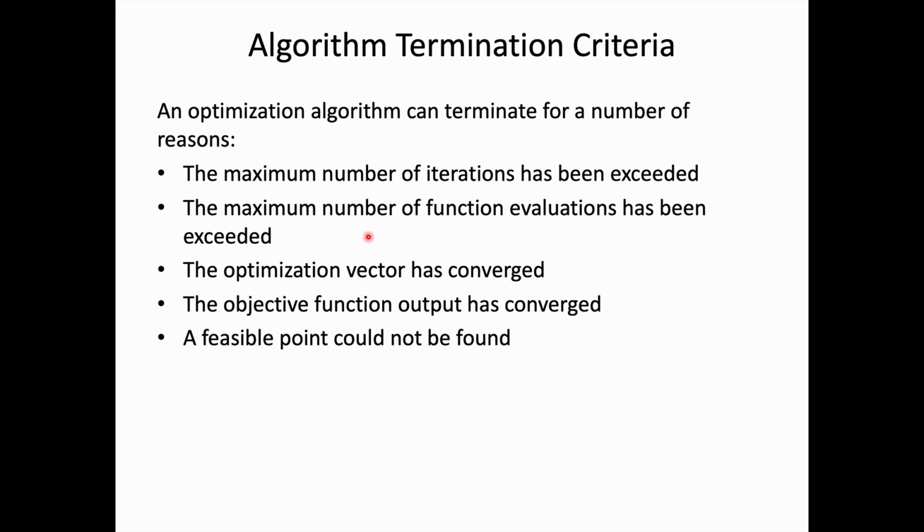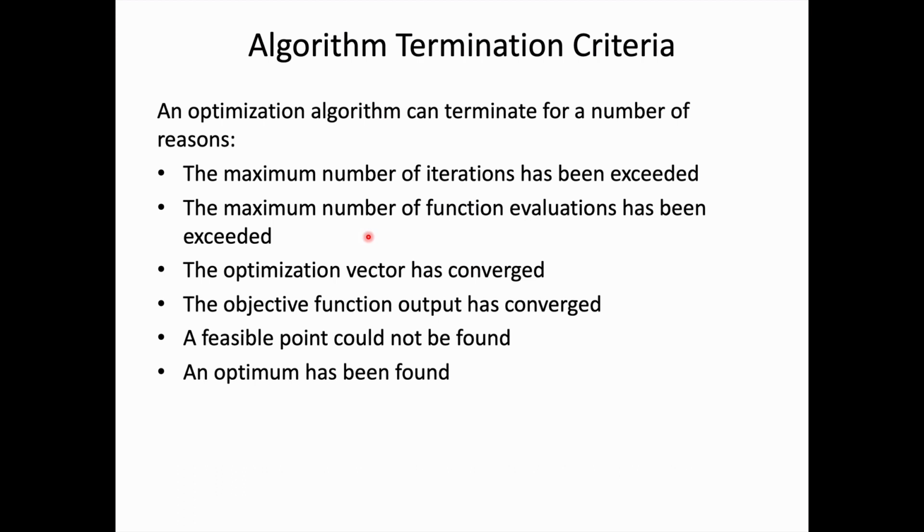But there's also the possibility that feasible points do exist, but given some starting point, a particular algorithm is unable to find a feasible point from that starting point. Another way that we could stop, and this is the ideal, is if an optimum has been found.